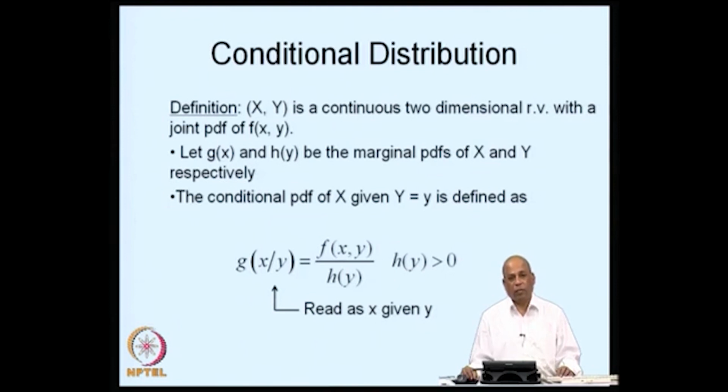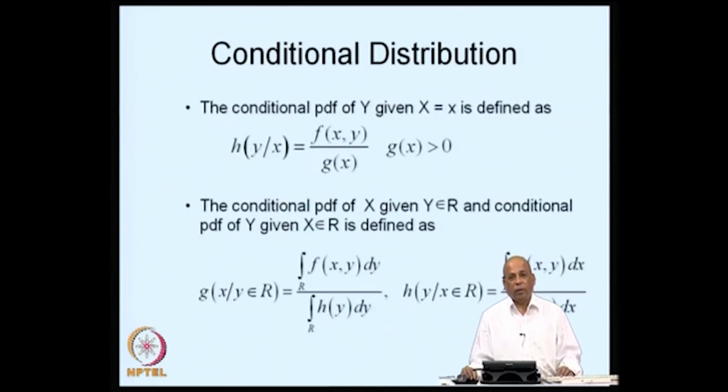This is defined for strictly positive values of h of y. So, this is the definition, that is the density of x given y is equal to y is f of x y by h of y for h of y strictly positive.